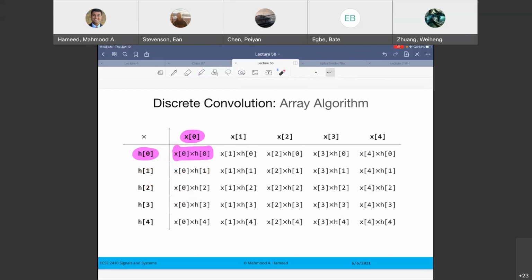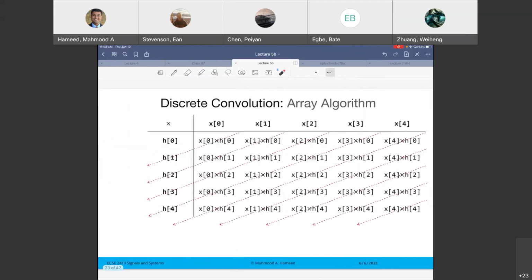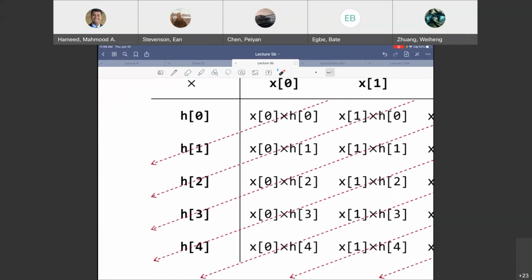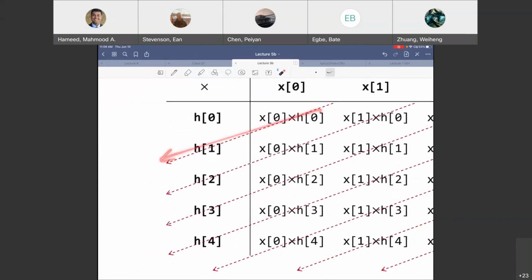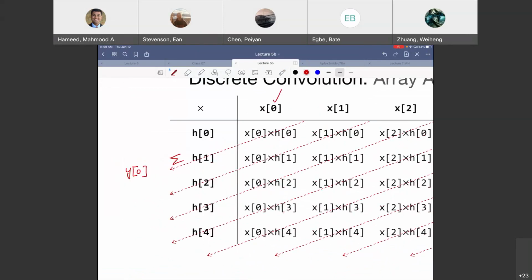Once you do that, what are you going to do? You're going to evaluate the sum along the diagonals. So for example, this sum will give you y of 0. Question, why are you going to get y of 0? 0 plus 0, you get 0.